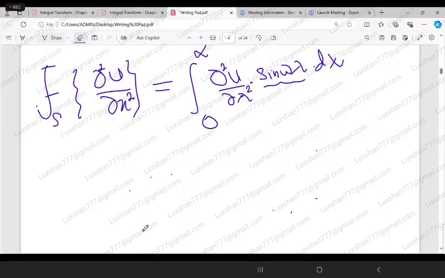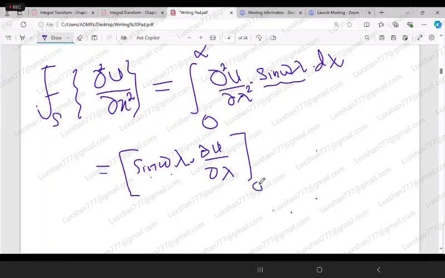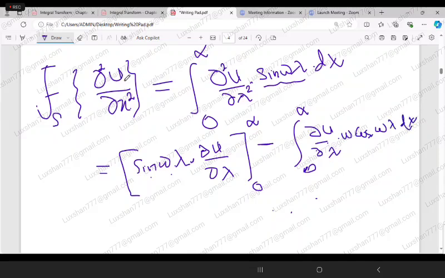So if you take the second derivative, let me take this one as my first function, so I will get sin(ωλ) times the integration of ∂²u/∂λ², which gives ∂u/∂λ, in the range 0 to infinity, minus the integration from 0 to infinity of ∂u/∂λ times the differentiation of this one, ω cos(ωλ) dλ.